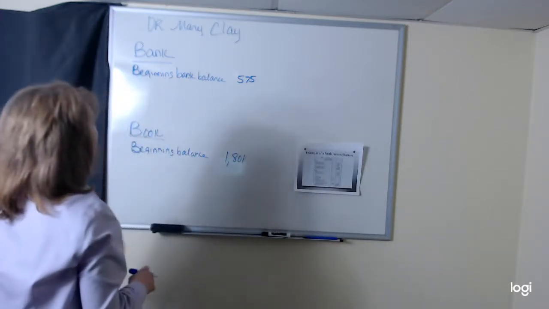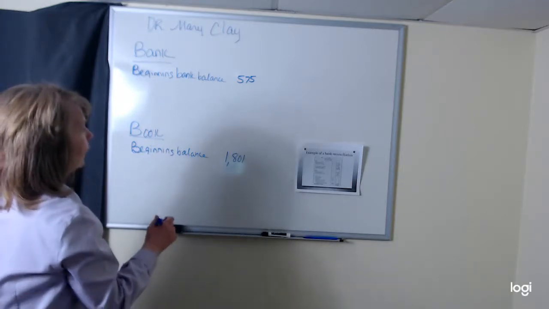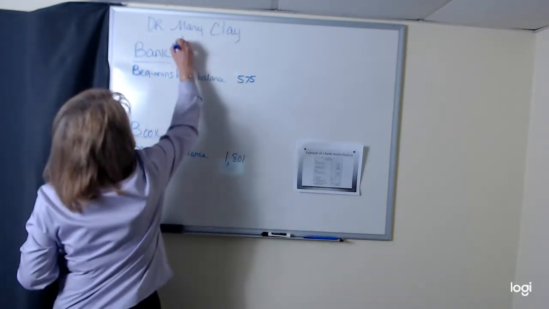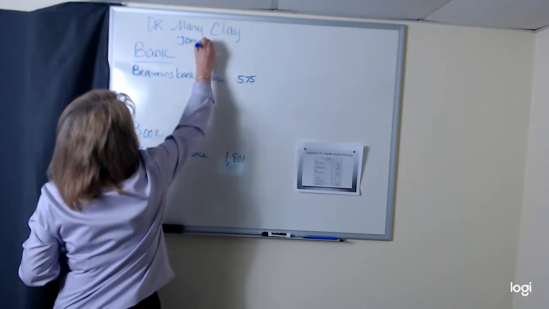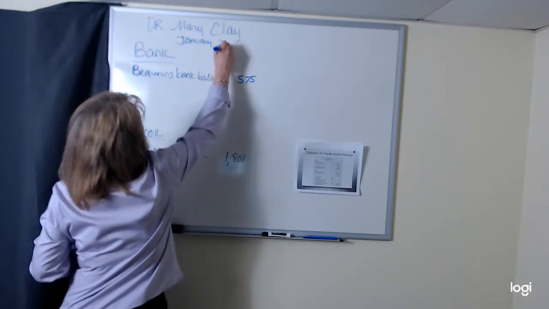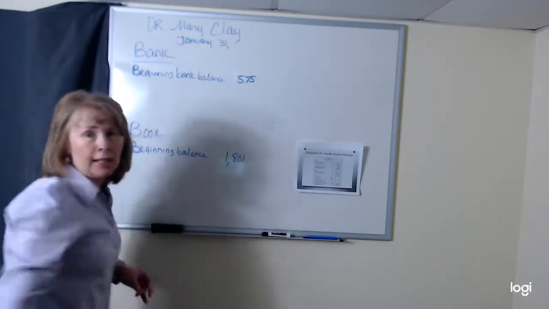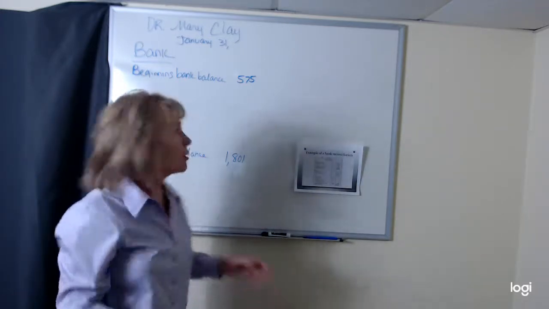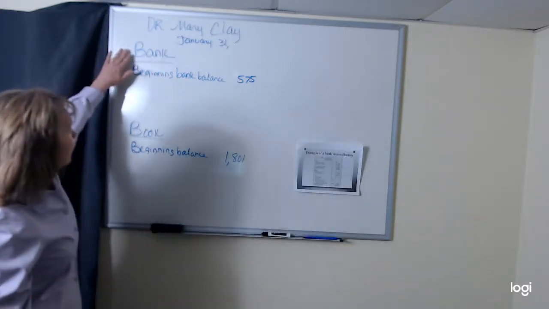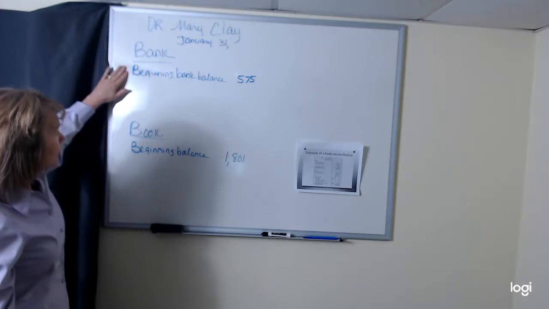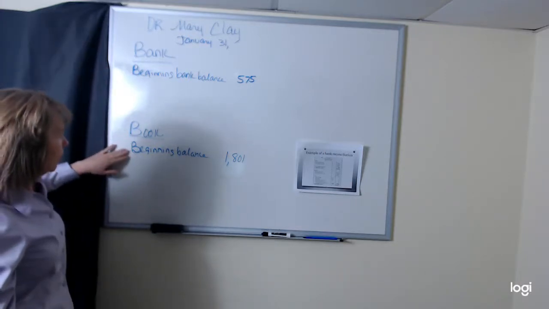Okay, and this reconciliation is completed as of January 31st. And it could be any year, 2000XX. So January 31st, you have your bank beginning balance and you have your book beginning balance.